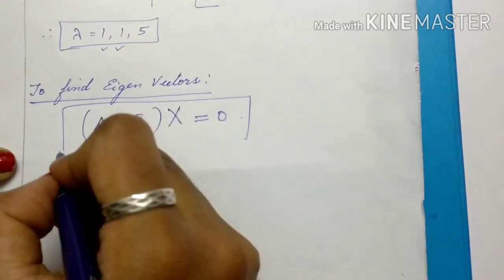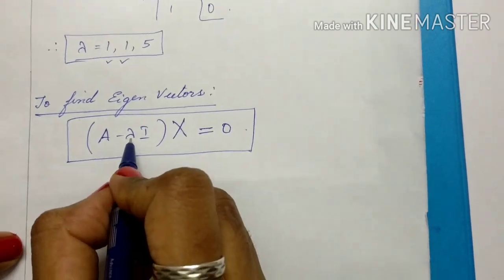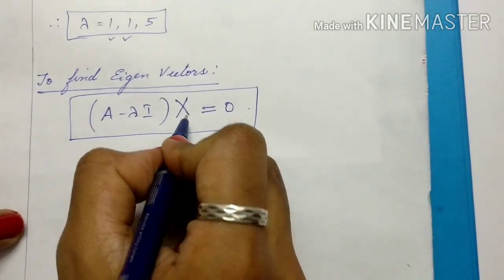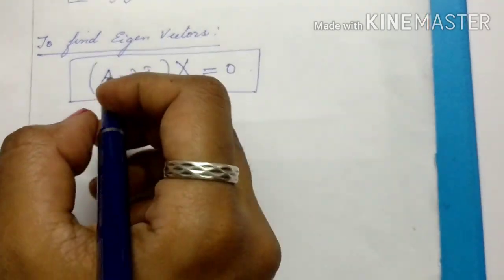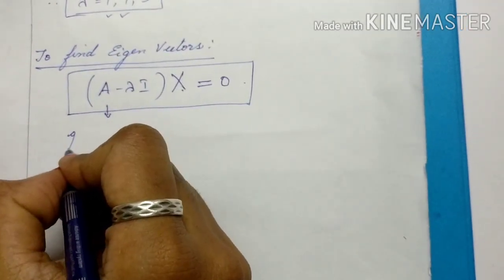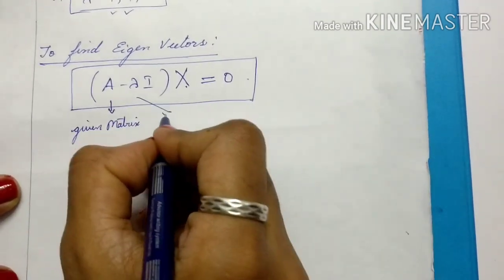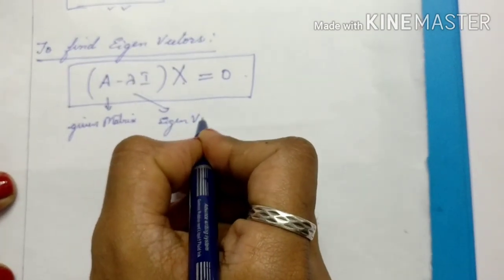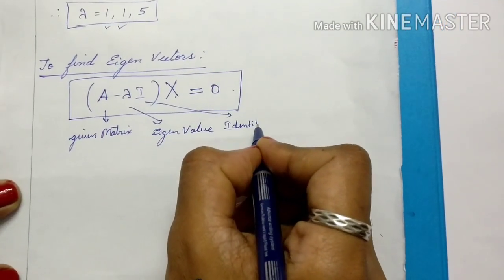This is what is going to be useful to find our eigenvectors. Corresponding to each lambda value, we are going to find its corresponding eigenvectors. So let's expand this. This is again the given matrix, lambda is the eigenvalue, and I is the identity matrix.